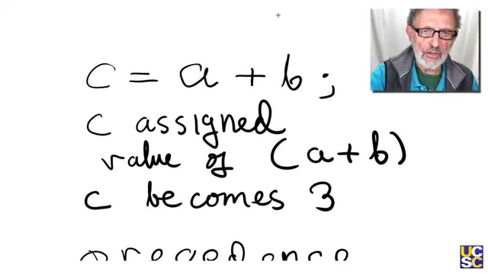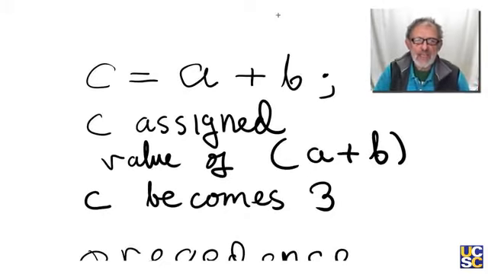Here's a very simple expression using those. In C, this equals means assign. So in this case, we are seeing an assignment statement. Read that as c is assigned the expression a plus b, semicolon is the end of the operation.